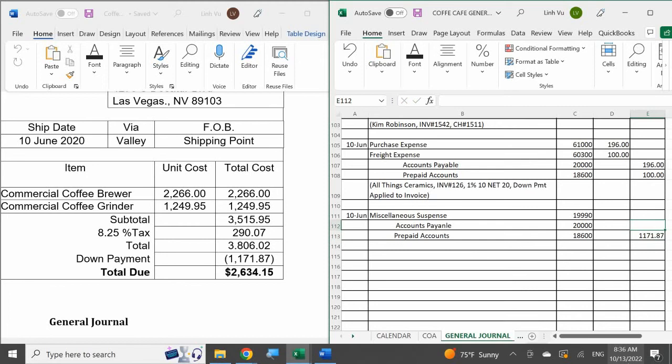How much do I owe? $2,634.15. Okay. And how much was the entire amount for both coffee brewer and coffee grinder with the tax? With the tax, $3,806.02. Good. Okay.